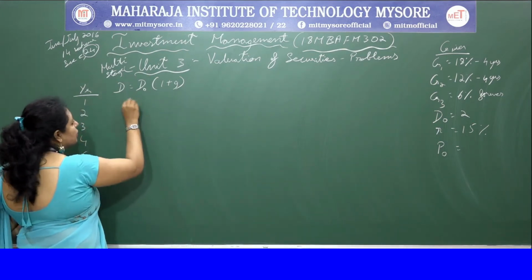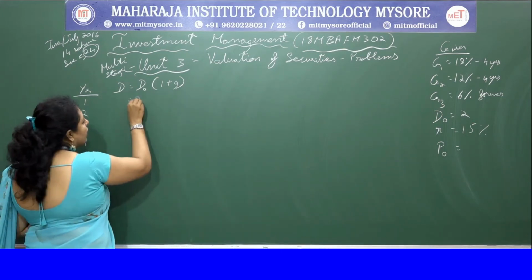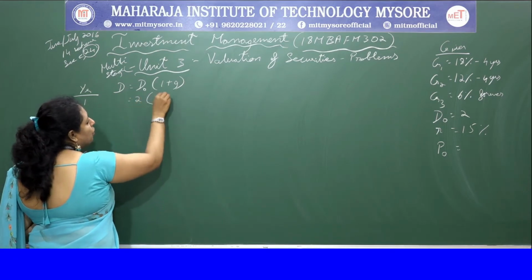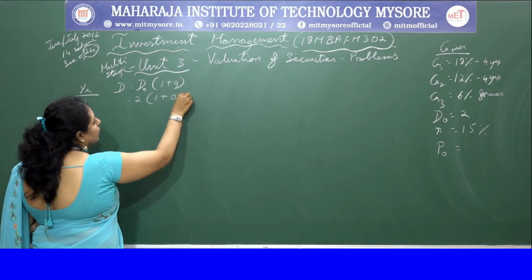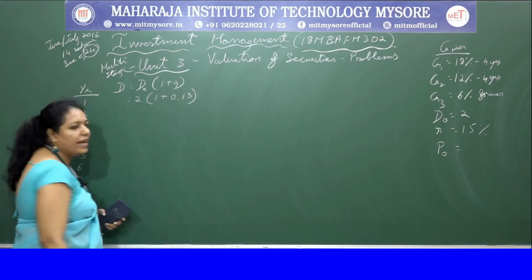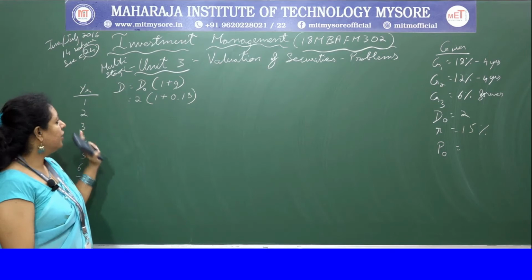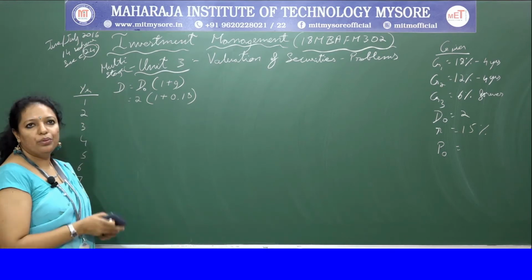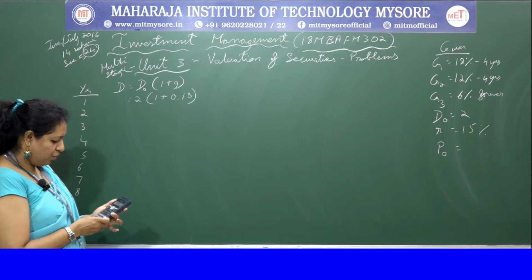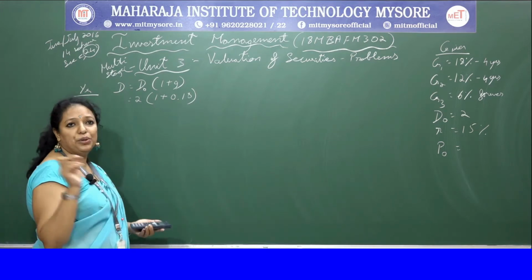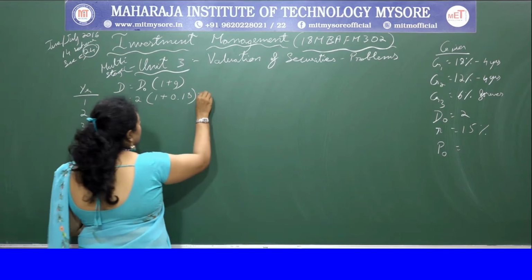For the first year, I'll calculate 2 into 1 plus G, which is 0.18, so 2 into 1.18. You get 2.36.